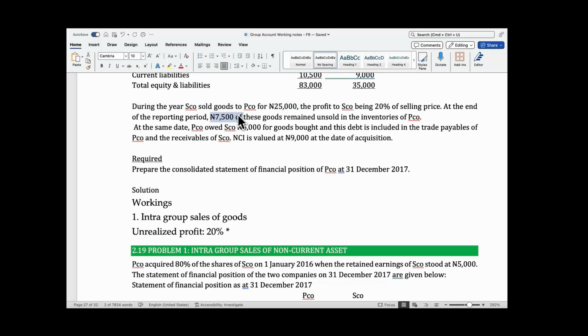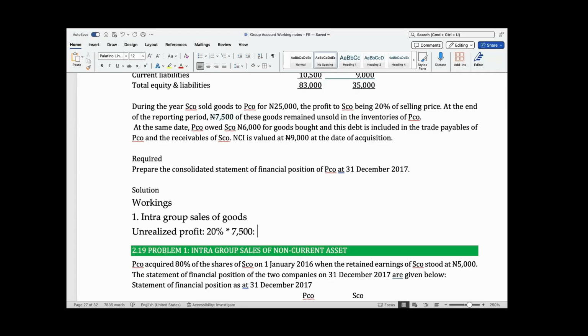So even though the original transaction happened between the two of them, now that they have sold the good out of the group, then that profit becomes realized. The only portion of the profit that is unrealized is to the extent of the goods that remain unsold, which is valued at 7,500.